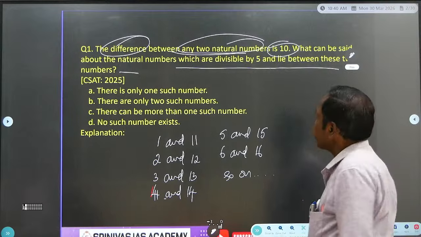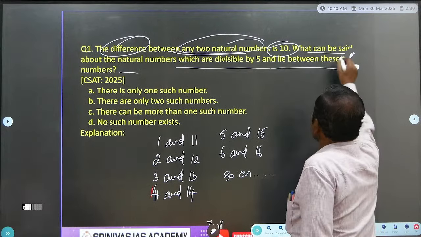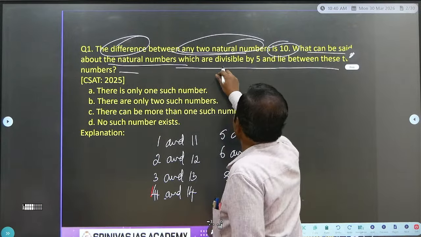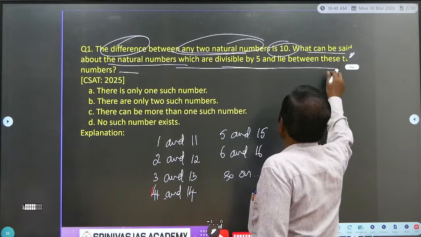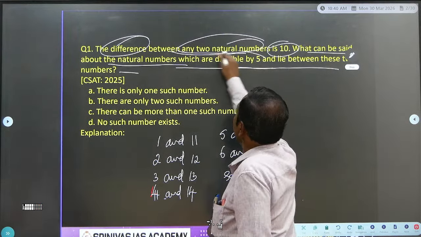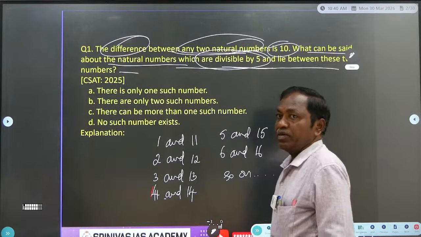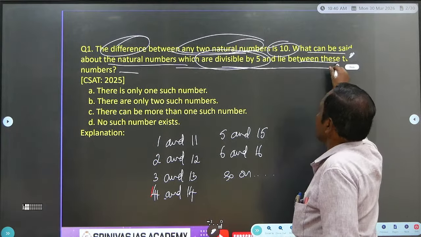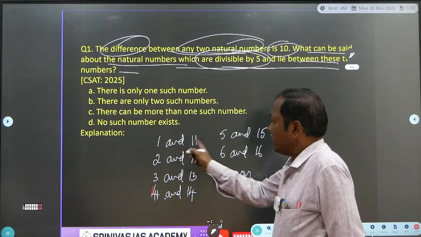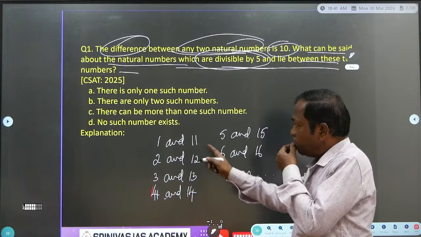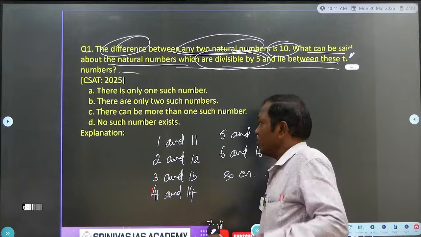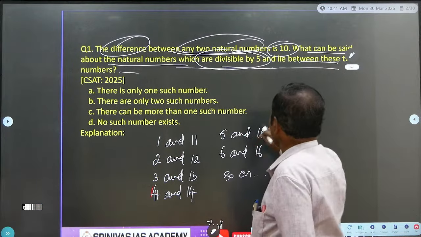What can be said about the natural numbers which are divisible by 5 lying between these two numbers? So divisible by 5, take 1 and 11. What are the numbers between 1 and 11 which are divisible by 5? 5 and 10.